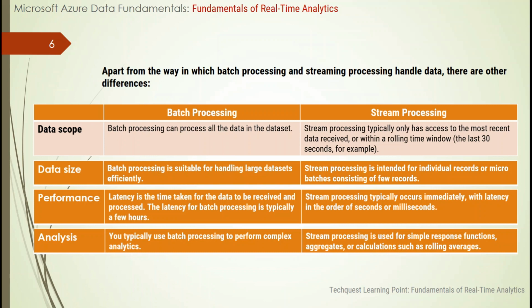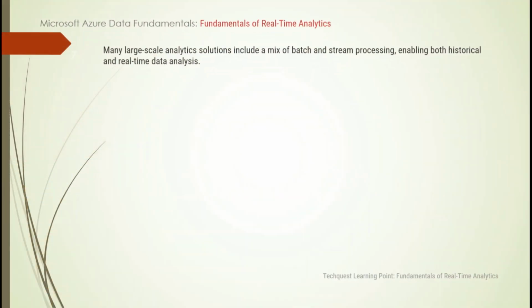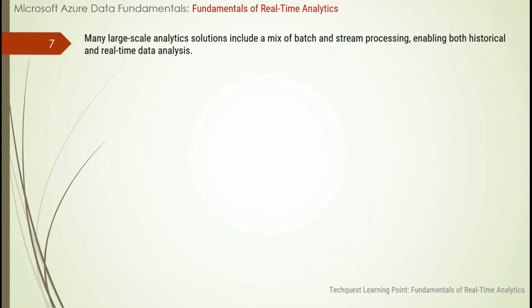Stream processing is used for simple response functions, aggregates, or calculations such as rolling averages. Many large-scale analytics solutions include a mix of batch and streaming processing, enabling both historical and real-time data analysis.